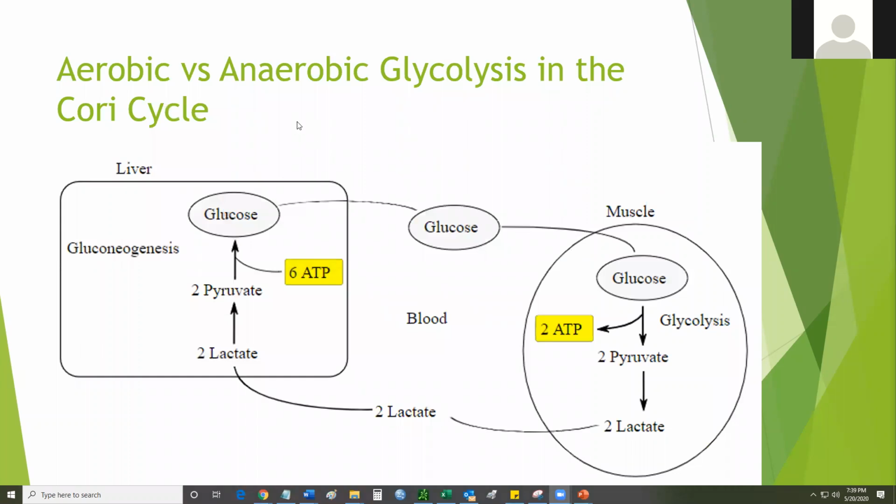Now, we've talked about the Cori cycle before, but this is the process of how we take lactate and turn it back into glucose. The Cori cycle prevents lactic acidosis from occurring. And again, lactic acidosis just means that you have high blood lactate levels that aren't resolving themselves.